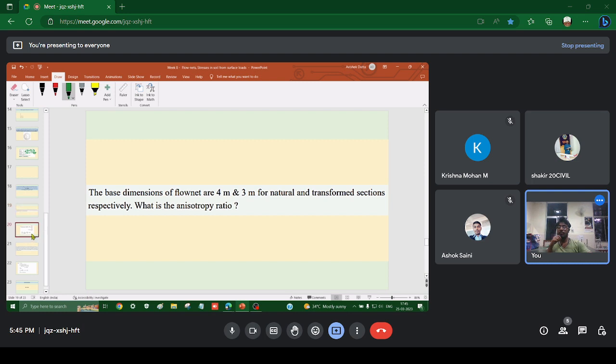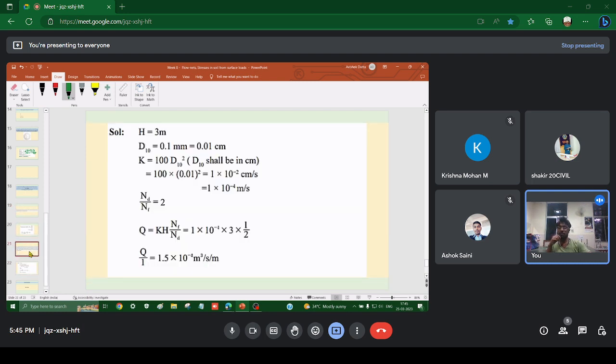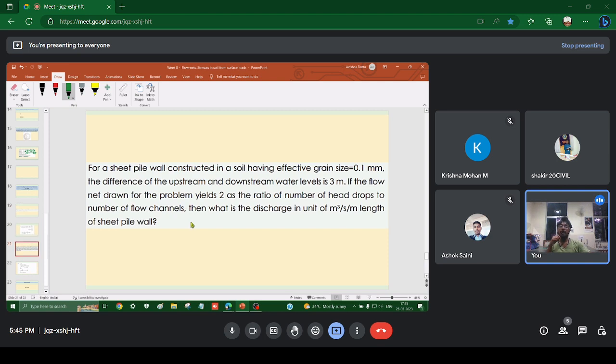Next question. I think this is the last question. For a sheet pile wall constructed in a soil having effective grain size 0.1 millimeter, the difference of the upstream and downstream water levels is 3 meter. If the flow net drawn for the problem yields 2 as the ratio of number of head drops to the number of flow channels, then what is the discharge in meter cube per second per meter length of sheet pile wall?